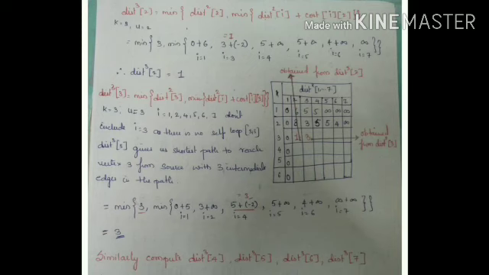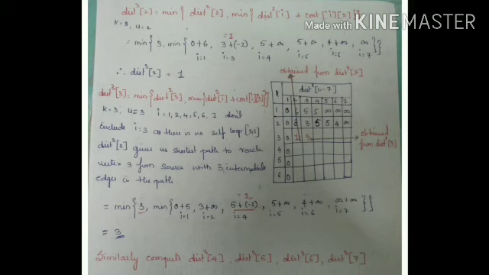That is, you compute dist raised to 5 of 2, dist raised to 5 of 3 and so on till dist raised to 5 of 7. And in the last step, you compute the shortest path to all vertices from source vertex 1 with 6 intermediate edges in it. That is, dist of 2 raised to 6, dist of 3 raised to 6 and so on till dist of 7 raised to 6.